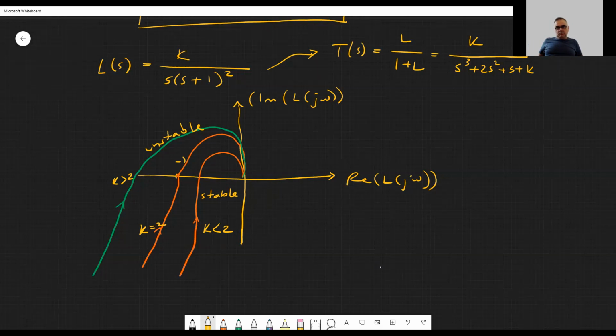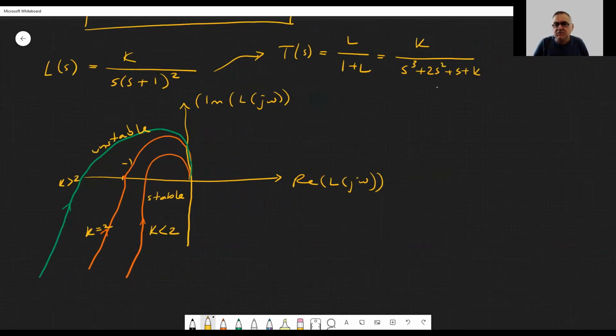S squared plus 2S plus 1 plus. Yes, this is correct. So this is the closed loop denominator, okay?